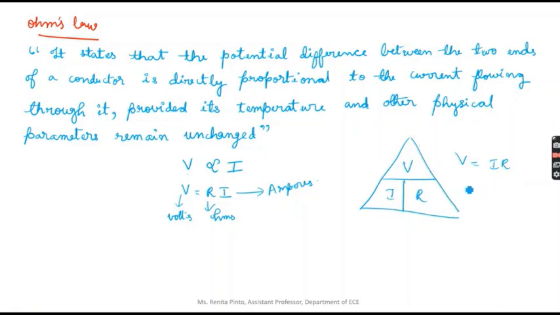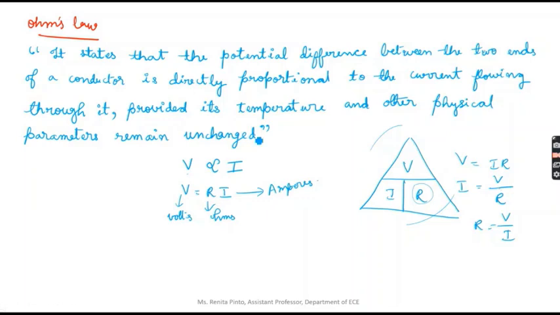If you want to find I, then I is equal to V by R. Next, if you need to find R, then R is equal to V by I. If you remember this, it will be easy to derive all three relationships.